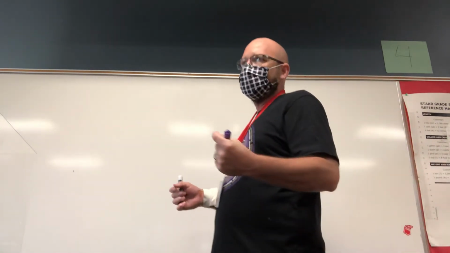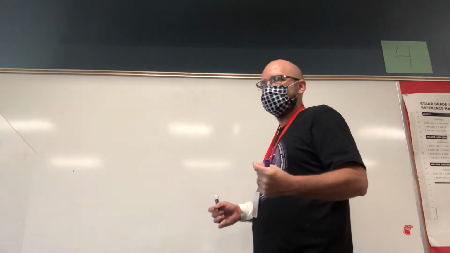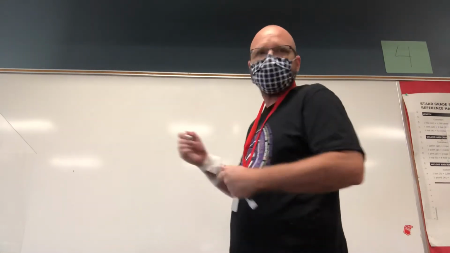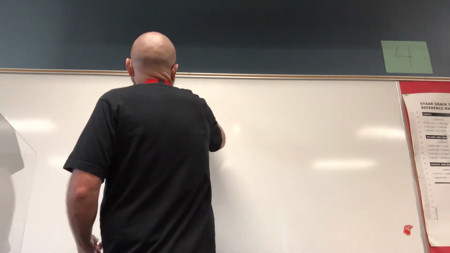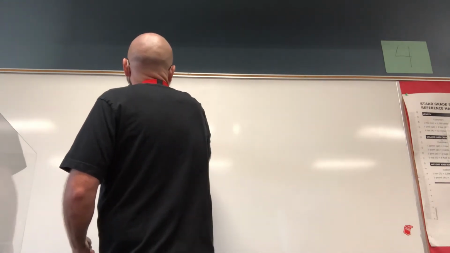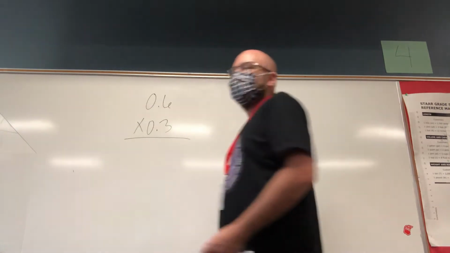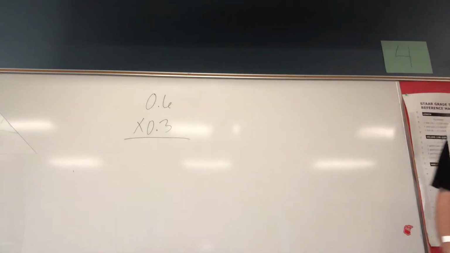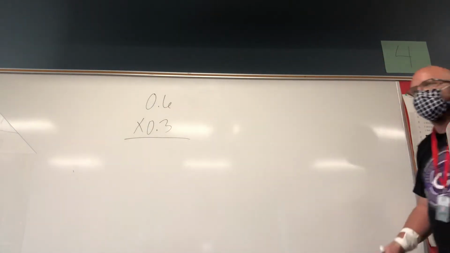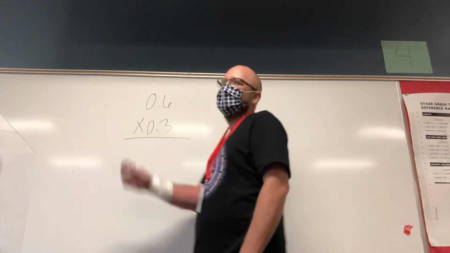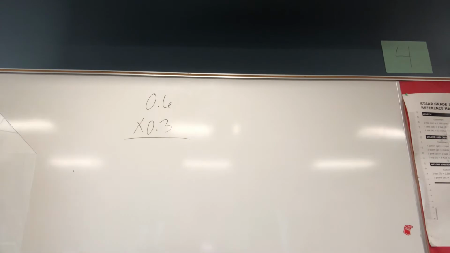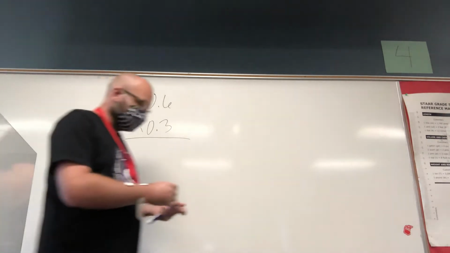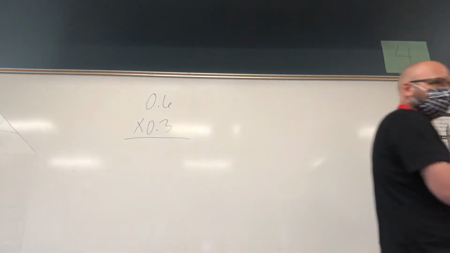When you multiply a decimal times a decimal, we're going to do the first problem we had, which is 6 tenths times 3 tenths. The first thing I'm going to do is count how many numbers are behind the decimal point in the problem. Total numbers is how many?